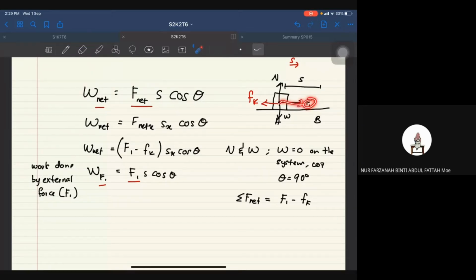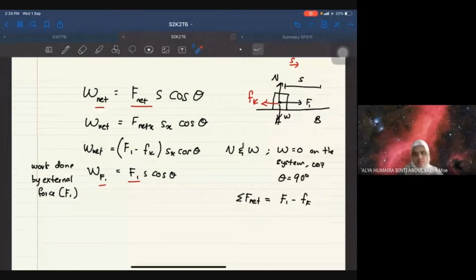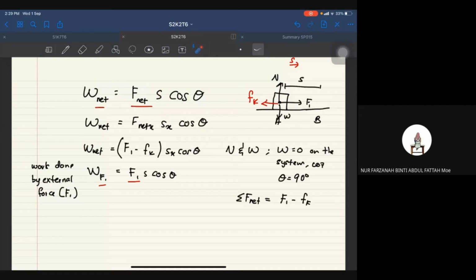Like this side. S dia direction ke mana? Oh, ke kanan. So theta dia sama dengan? 0. Okay, good. Very good. If S and F in the same direction, it means that it moves in the same direction. I mean, the theta would be 0 lah. Okay, clear? Good.